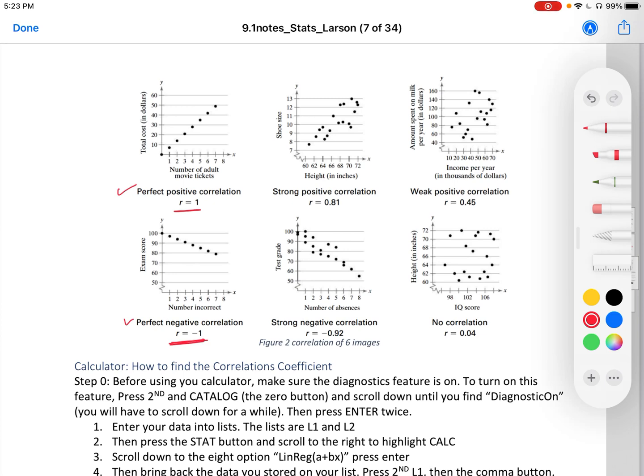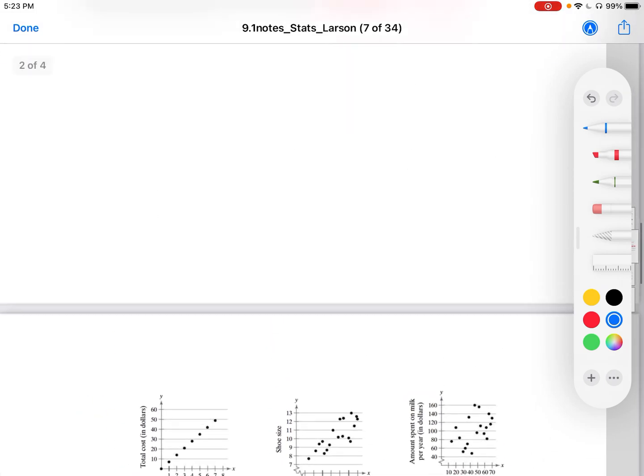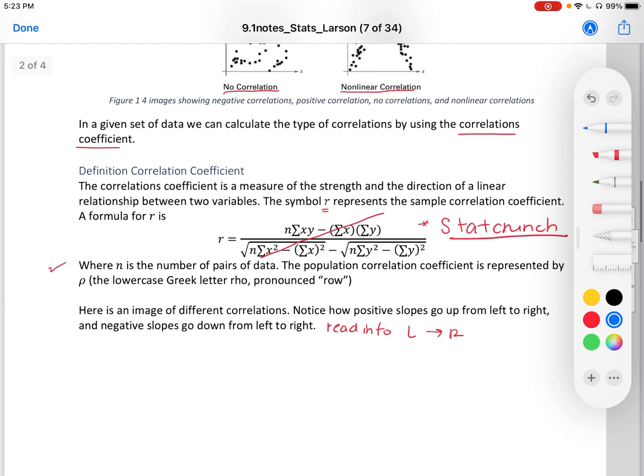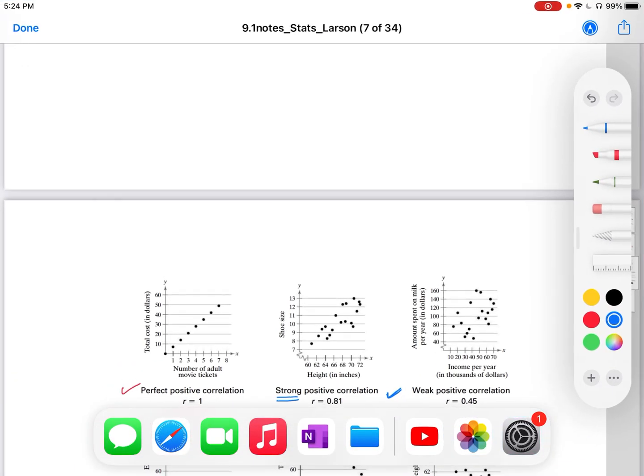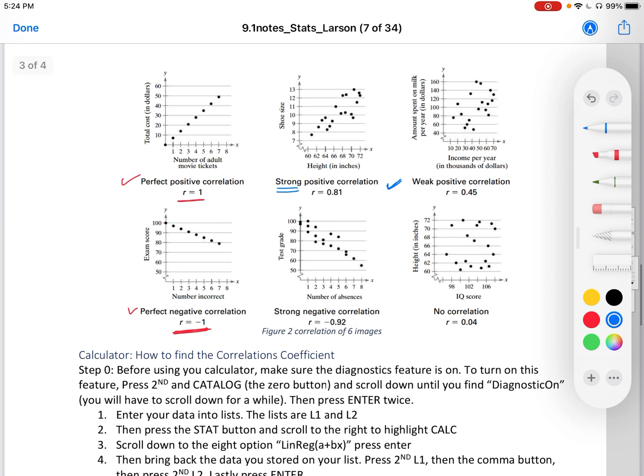Now from there we can see different examples. This number R can vary, but let's give an example of a strong positive correlation. We see that it's going up from left to right, and because we can see that a line would kind of fit there, the calculation above, that we'll use StatCrunch for, will give us this number, 0.81.